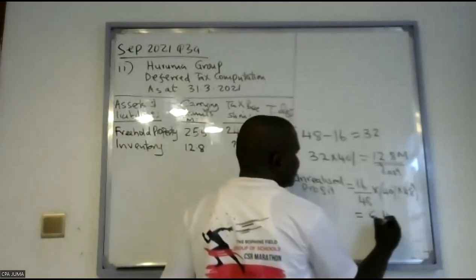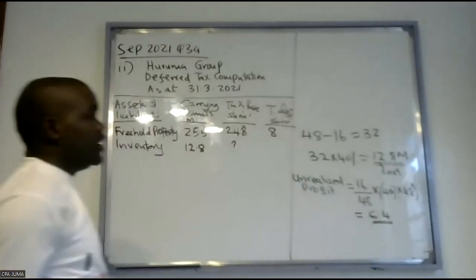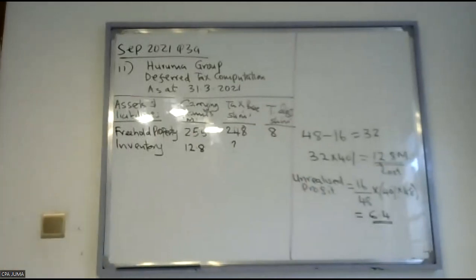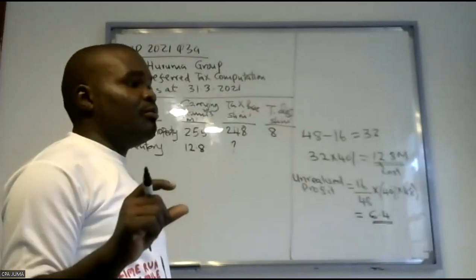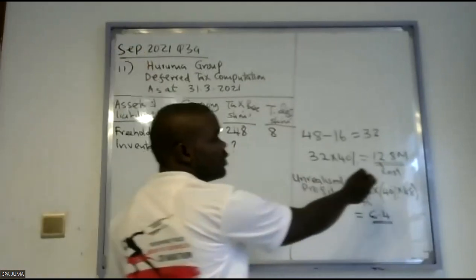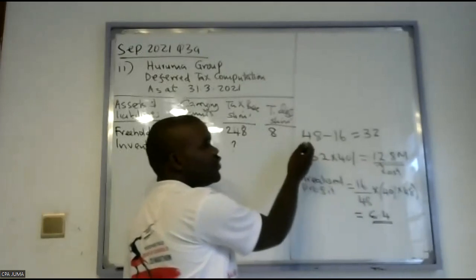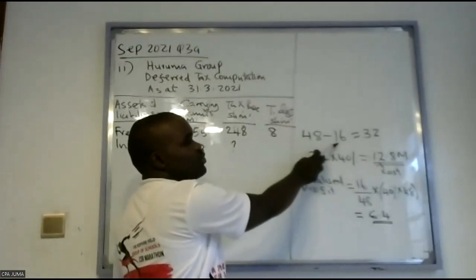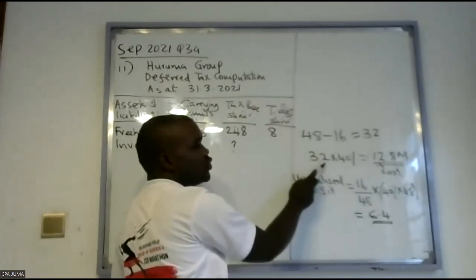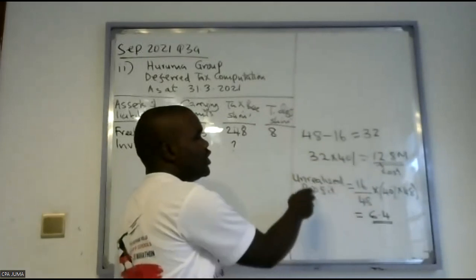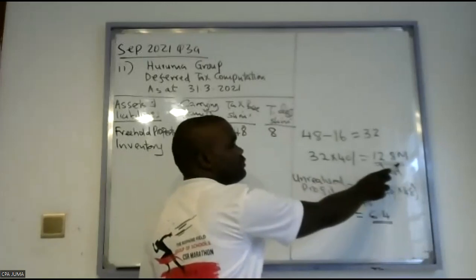So unrealized profit is 6.4. So when the taxman comes, he wants the original value before you deduct it, because you know the 12.8 is the cost. We took the same value 48 minus profit, we got 32, which is the cost. Then what has remained in the store is 40% of 32, which is 12.8.